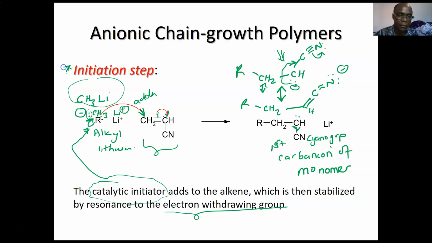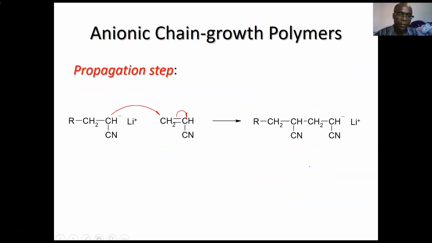So that's the initiation step. You made your first carbanion of the monomer, and the first carbanion of the monomer now can take the second monomer as we add onto the chain, making the chain long. So you use the lone pair of electrons to attack the carbon, and this opens up.